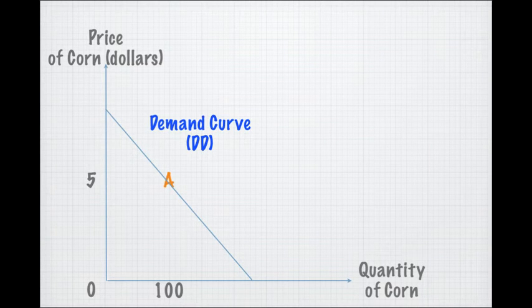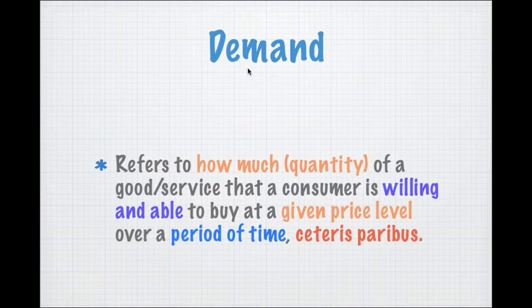Demand refers to how much, or the quantity, of a good or service that the consumer is willing and able to buy at a given price level over a period of time, ceteris paribus. I've highlighted all the important words here. How much quantity and the given price level are the two different variables we are looking at.